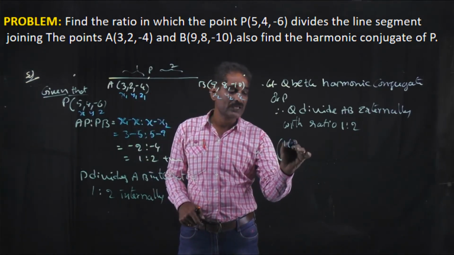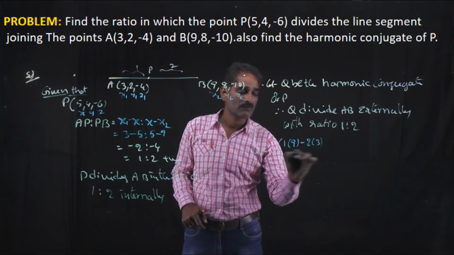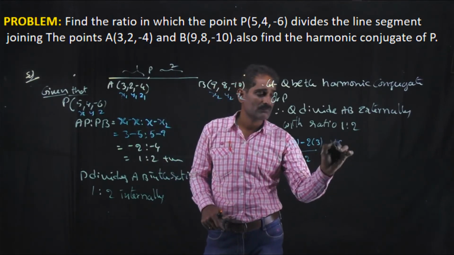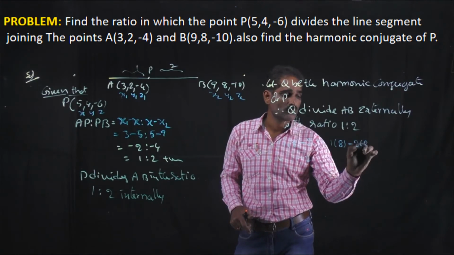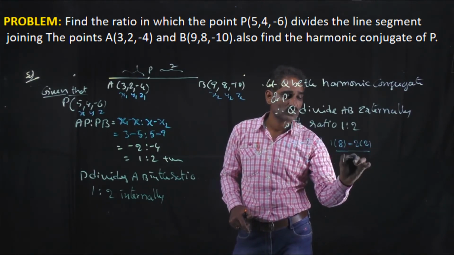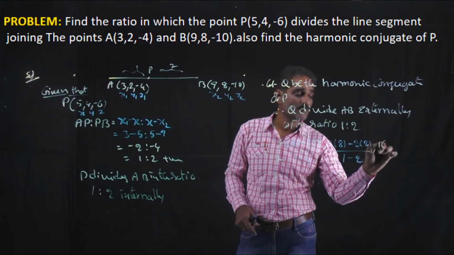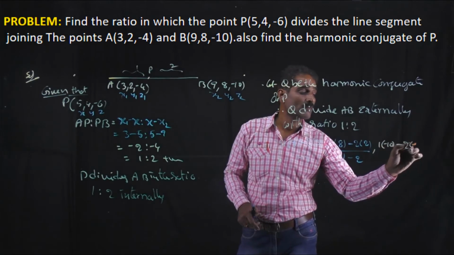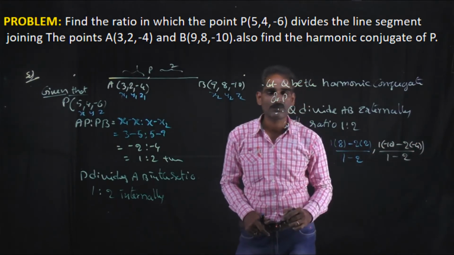That is 1 into 9 minus 2 into 3 by 1 minus 2, 1 into 8 minus 2 into 2 by 1 minus 2, next 1 into minus 10 minus 2 into minus 4 by 1 minus 2. Okay.